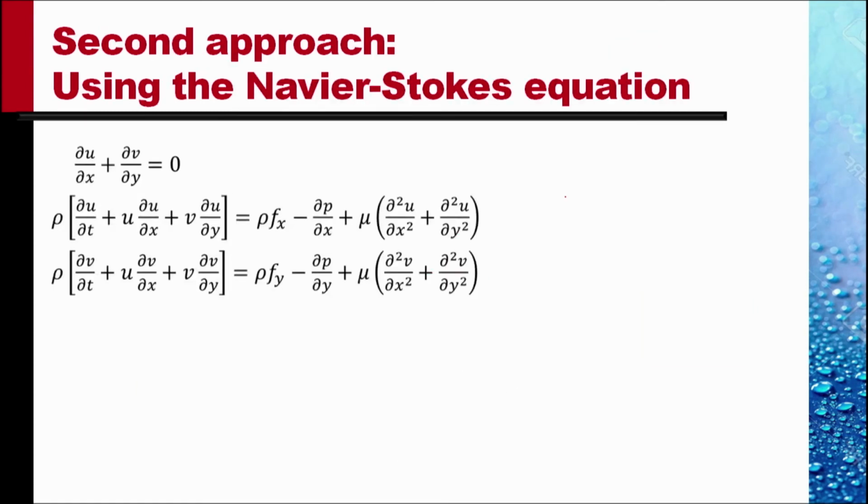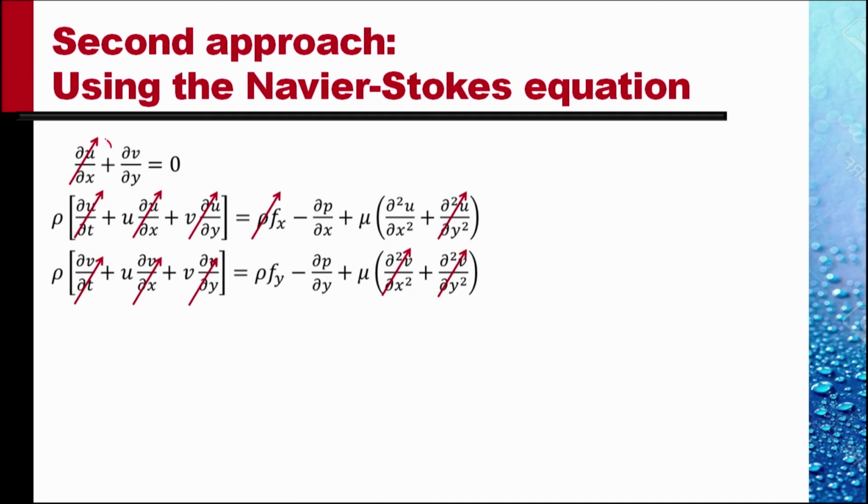There is another approach that we can take using the Navier-Stokes equation that we obtained earlier. When we have two dimensions, x and y, as in this case, of two-dimensional plates, there are a lot of terms that disappear.